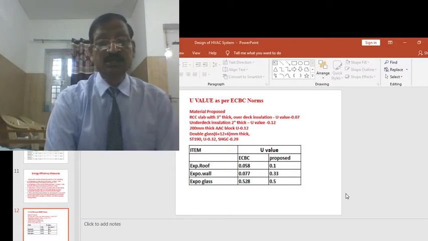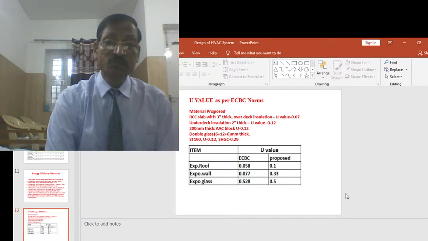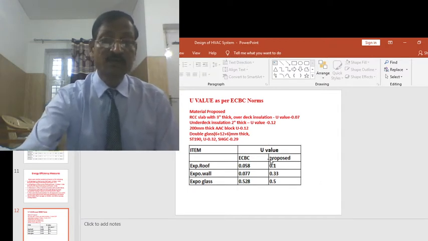ECBC, the Energy Conservation Building Code, has specified certain U values of the material. For RCC slab, 3-inch thick overdeck insulation, U value 0.07; underdeck insulation of 2-inch thick, U value 0.12. For 200 mm thick AC block, U value 0.12, and double glass.